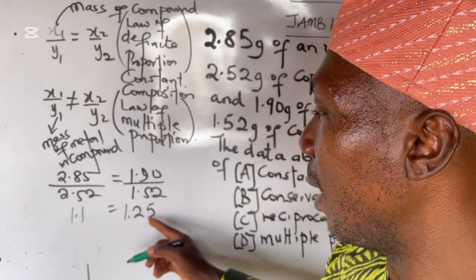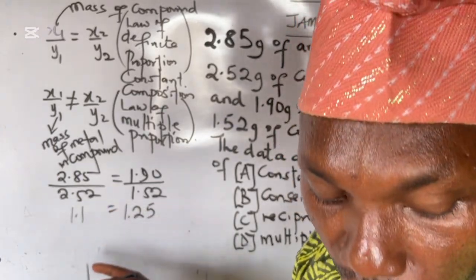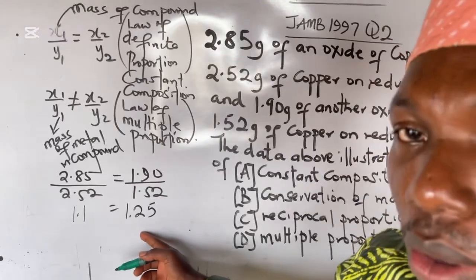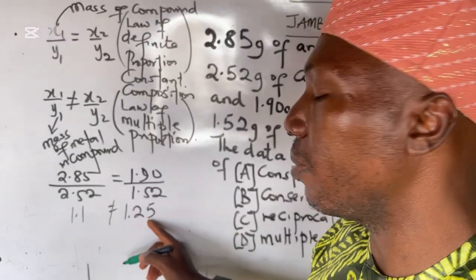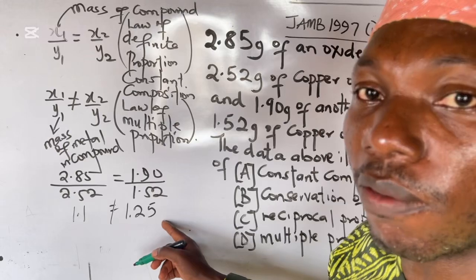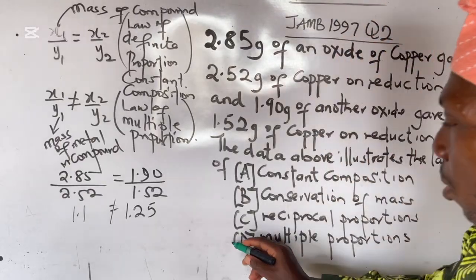So we can see that approximately they are not equal. 1.1 is not equal to 1.25. This shows that this is the law of multiple proportion.